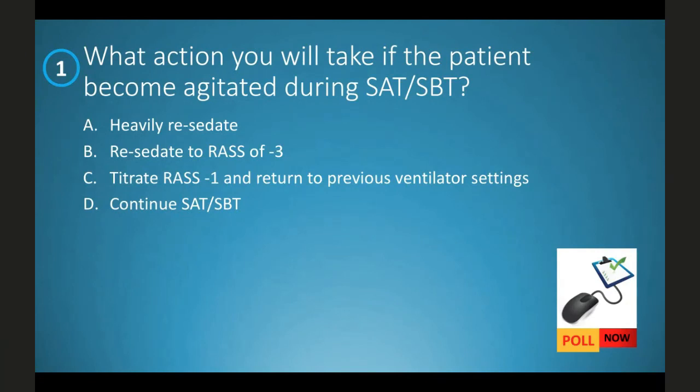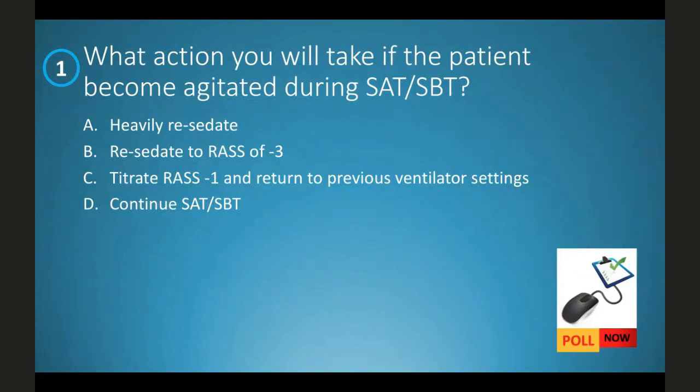How was the response? Almost 70% of the participants have voted for option C. Okay, I think that seems to be the most sensible answer, because we need to return to the previous settings and keep the patient slightly sedated.